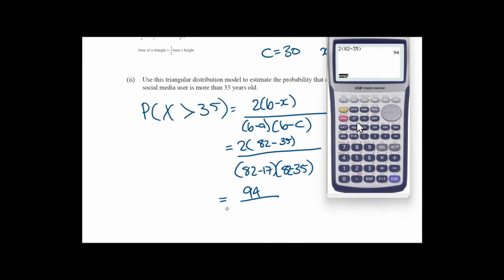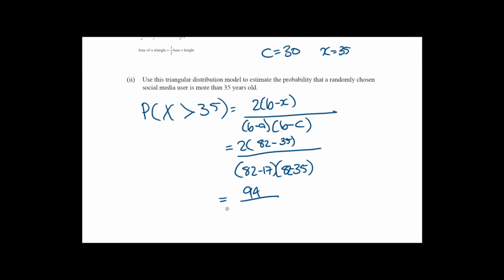So brackets, 82 minus 17, times 82 minus 30. I really like these Casio calculators. So you can just put it in as it's seen there and expect to get the right answer. Just a word though, it's advised to use brackets, parentheses if you're in America.